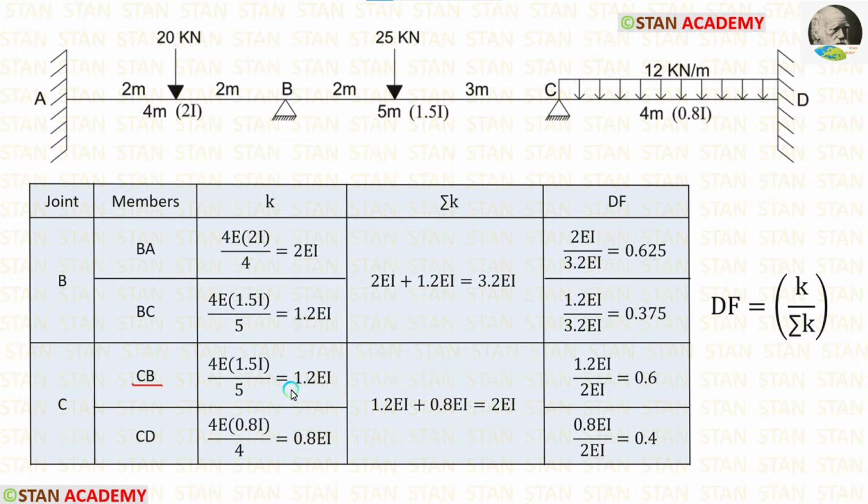For CB, K is 1.2 EI, sigma K is 2 EI. When we apply inside the formula, we are getting 0.6. For CD, K is 0.8 EI, sigma K is 2 EI. When we apply inside the formula, we are getting 0.4.